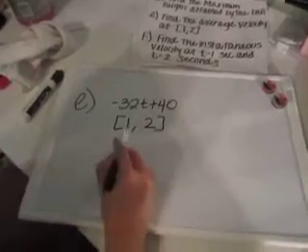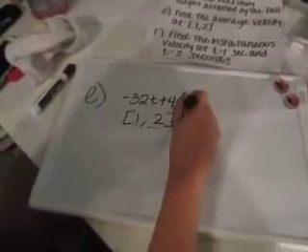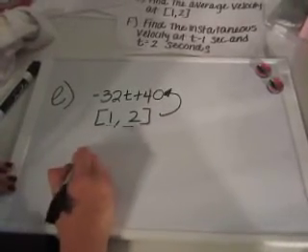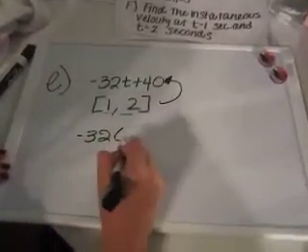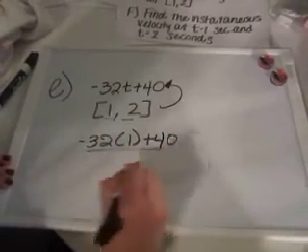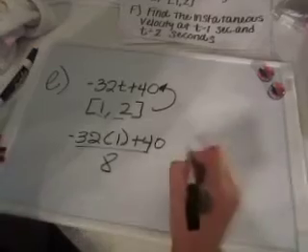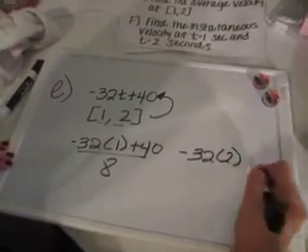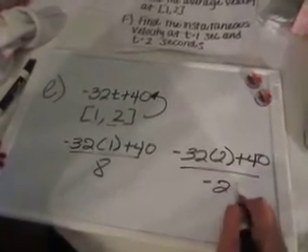So we're going to plug these two numbers into this function. The first one will be negative 32 times 1 plus 40. This will give us 8. Now the second one will be negative 32 times 2 plus 40. This will give us negative 24.